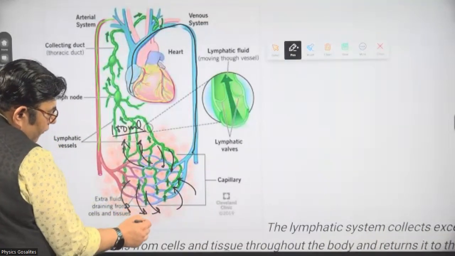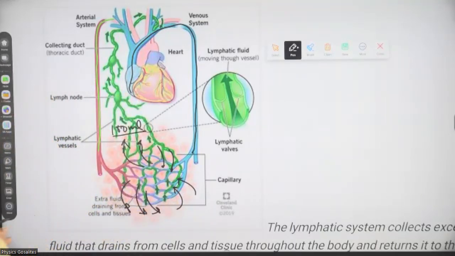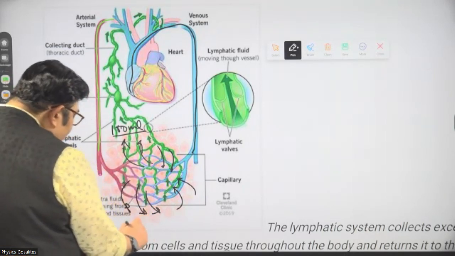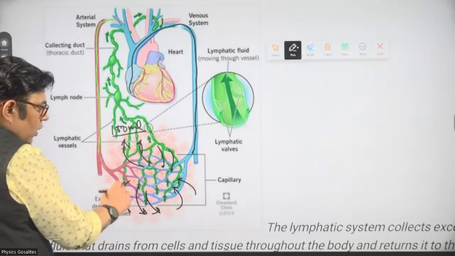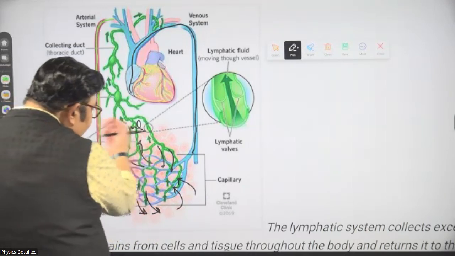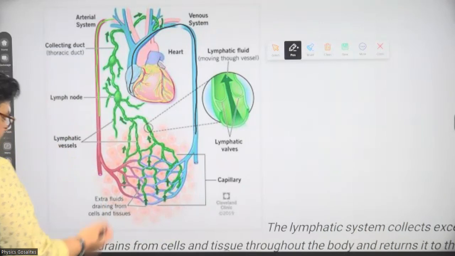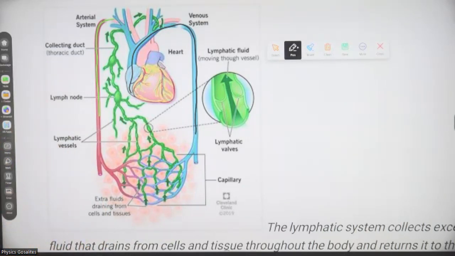So what is happening? There is always some residual fluid. This fluid we call the interstitial fluid, also called extracellular fluid, because it is outside the cell.